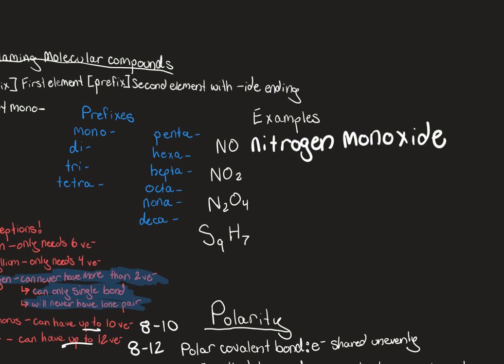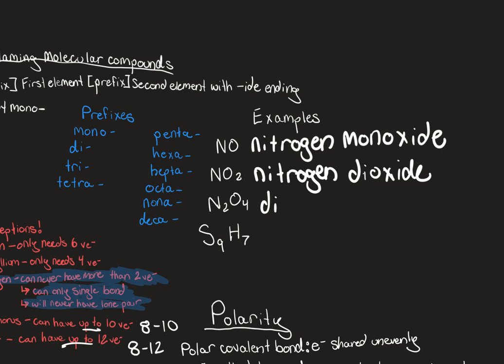NO2 is going to be very similar. So I have no prefix on my first element. And then I'm going to add a 2, or di, for my second element. So instead of monoxide, I'm going to have dioxide. N2O4: now that I have more than one atom in my first element, I'm going to have a prefix for my first element.